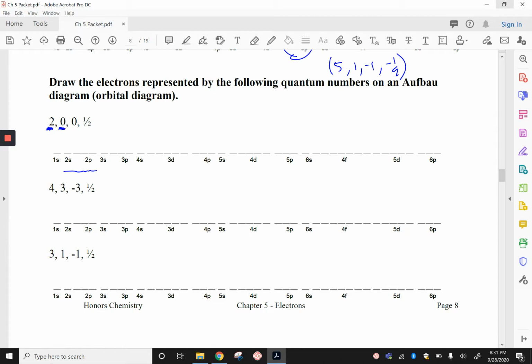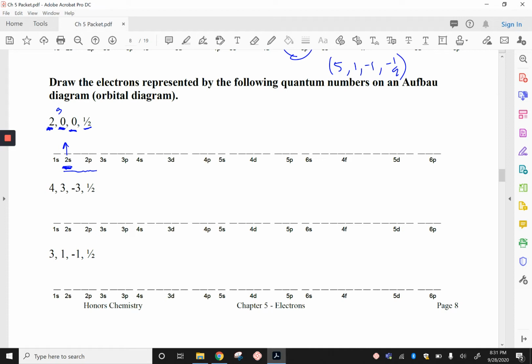That one tells us the sublevel. 0 corresponds to the s sublevel, so it's on the 2s. The third quantum number is 0. That means it's in the middle if it was a number line. In this case, it doesn't really help us because the 2s only has 1 orbital. And the last quantum number, the +1/2, tells us it's looking up. So it's on this orbital looking up.